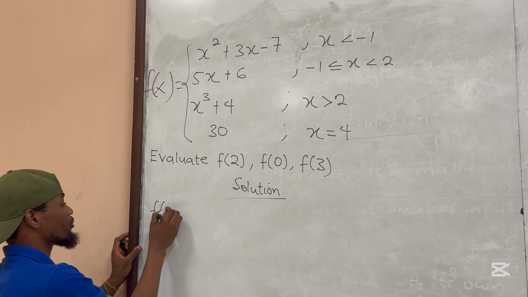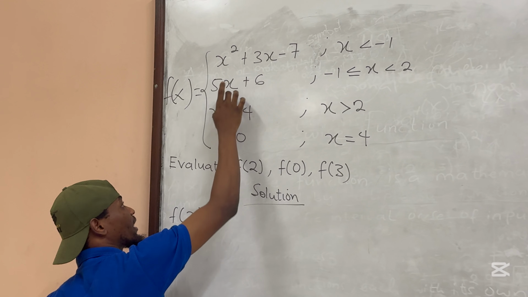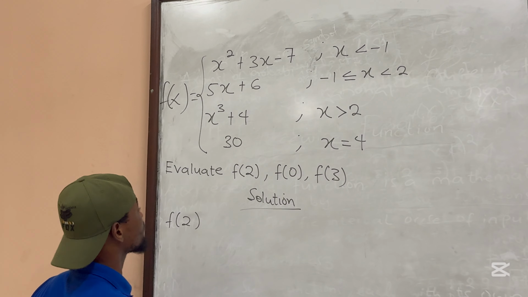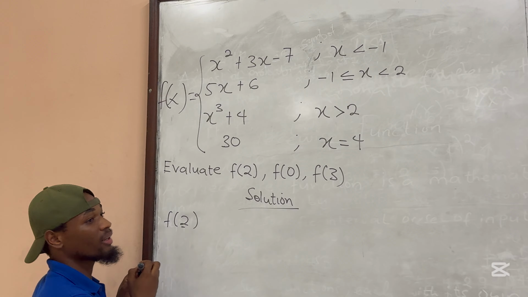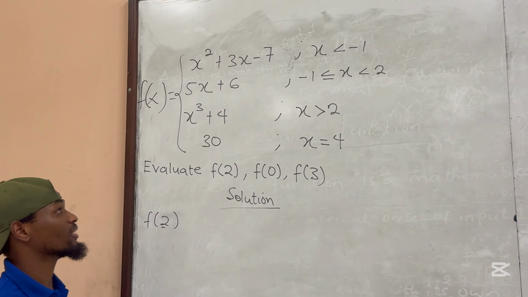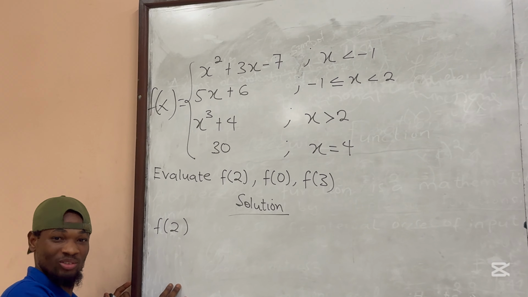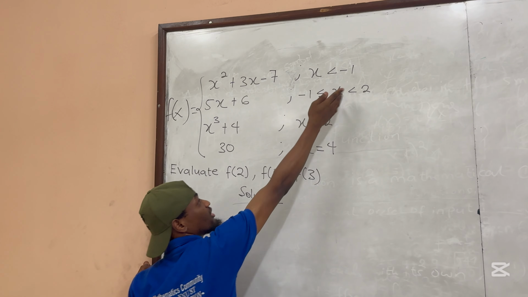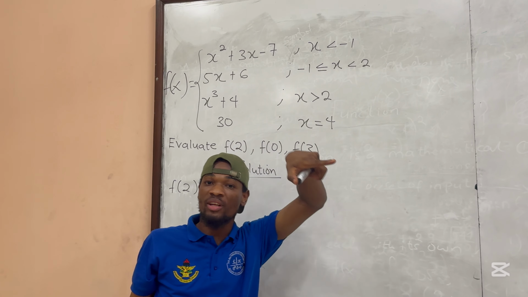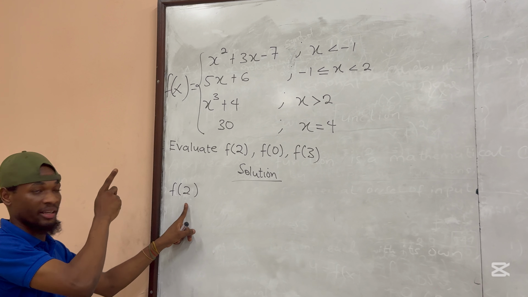Which one should I go in for? Is it the first, second, third, or the fourth one? So we have 2 here. Let's see. X is less than -1. Would that one be good? No. This simply means you have 0, no, that's -2, -3, -4 in that regard. So 2 wouldn't fit there.